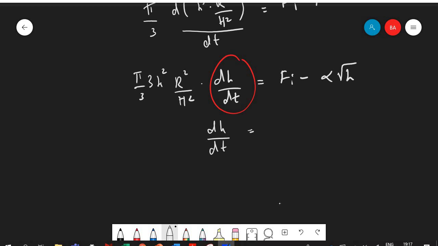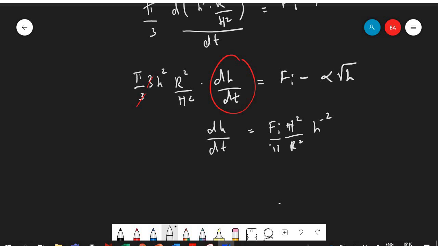is equal to fi, and if you multiply it by the term here, well, this term is a bit complicated, but we have some terms that we can cancel each other. So 3 goes with 3, and this will be H square over R square, and the small h square, which is h to the power minus 2, divided by pi.